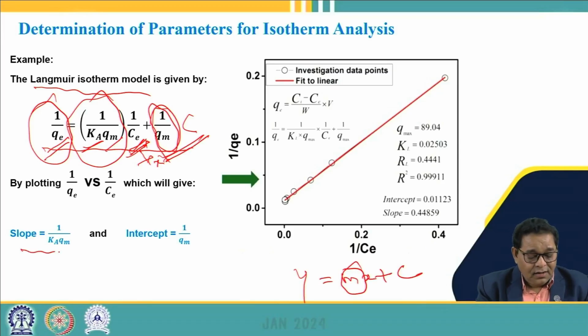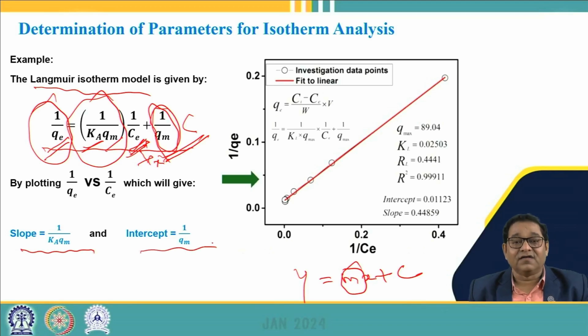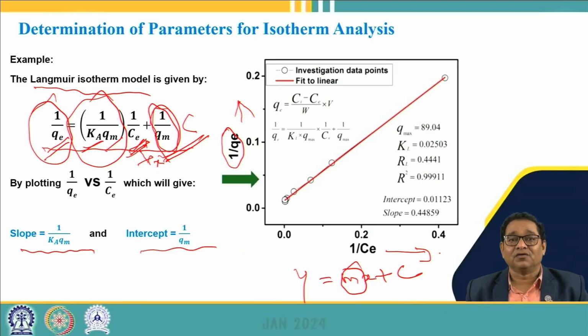Here you can see the slope is 1 upon Ka into Qm, whereas the intercept we can get by plotting the isotherm curve. If we plot 1 upon Qe on the y-axis and 1 upon Ce on the x-axis as per the isotherm model in its linearized form, then we will get a straight line.